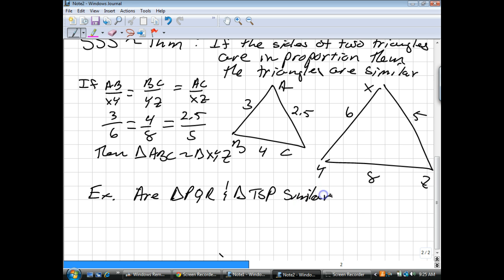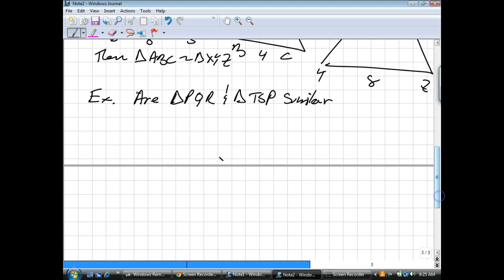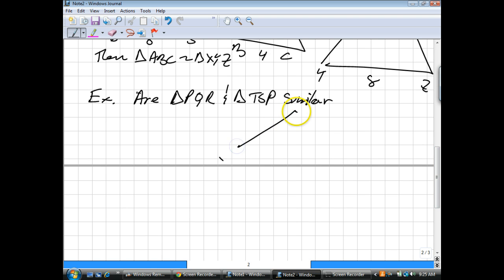Oops. Okay, so here's the picture. Okay, so I have this triangle and that triangle. This is Q, this is P, this is S, this is T, and this is R.